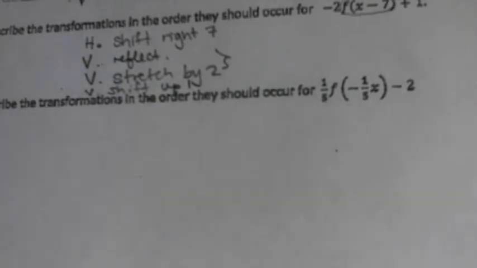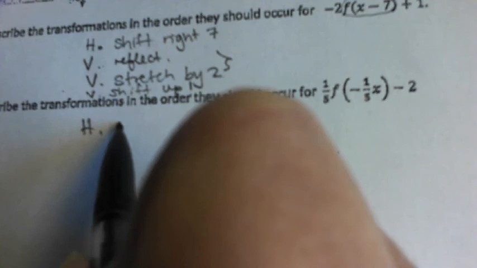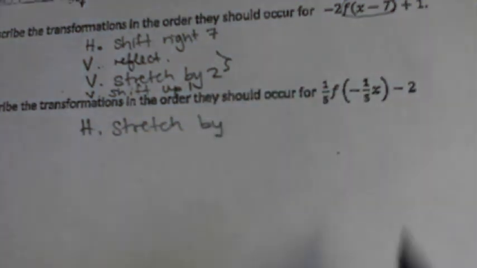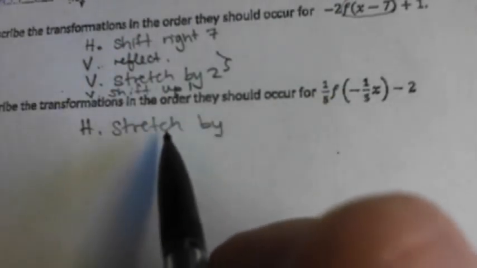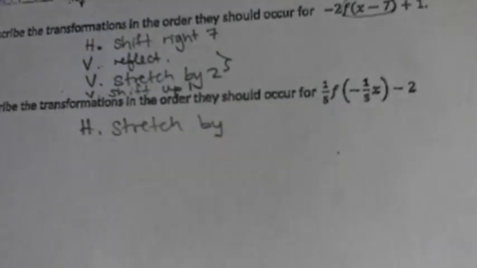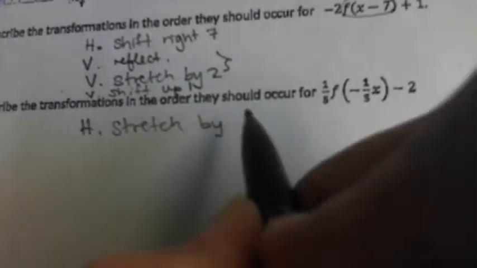So what transformation would you list first, Tess? Yep, by? Well, it's a stretch, so the number should be greater than 1. So a 1/5, what's the reciprocal of 1/5?